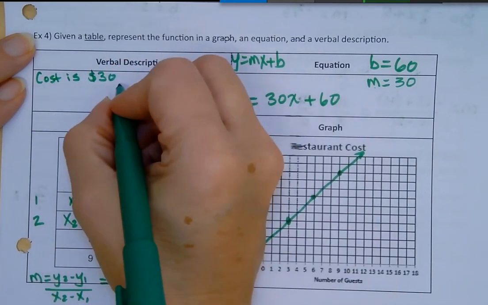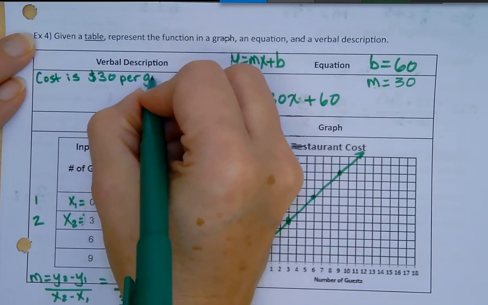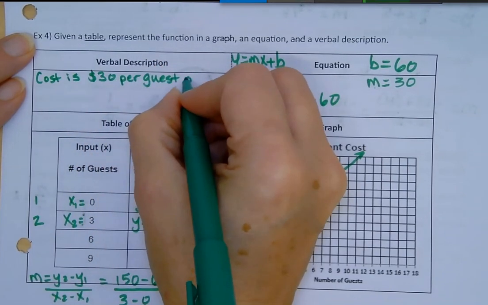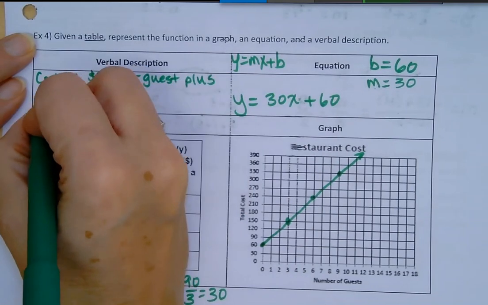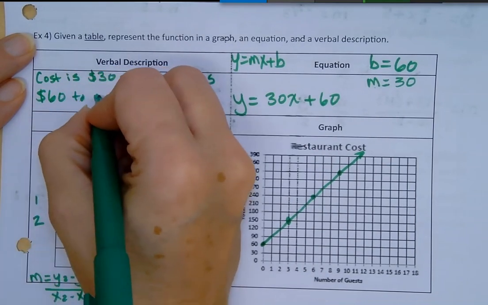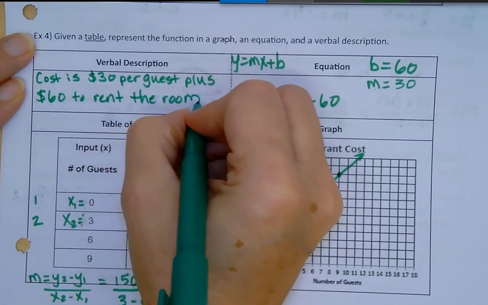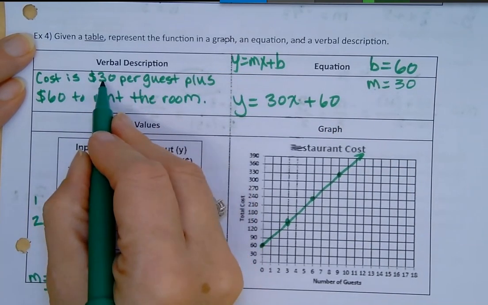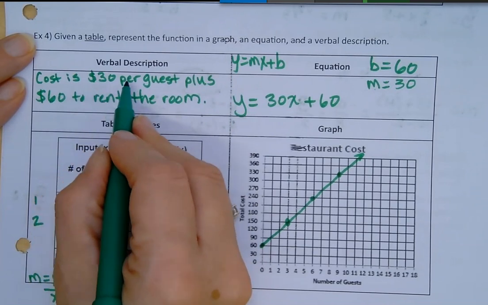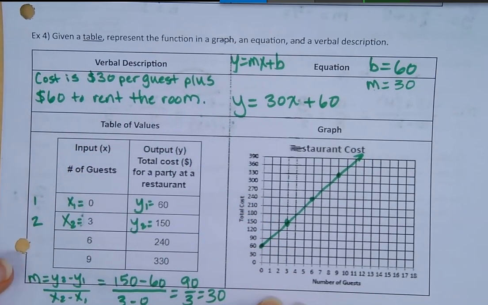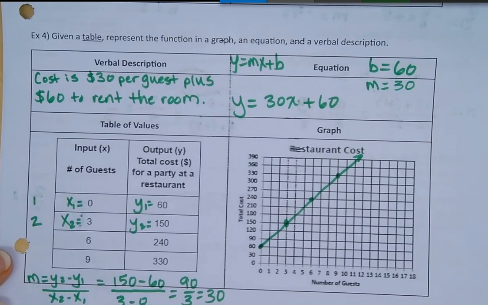I'm writing this in a different order. Again, $30 per guest, or $30 for each guest, means it's going to be $30 times something. So that's how I get 30x.